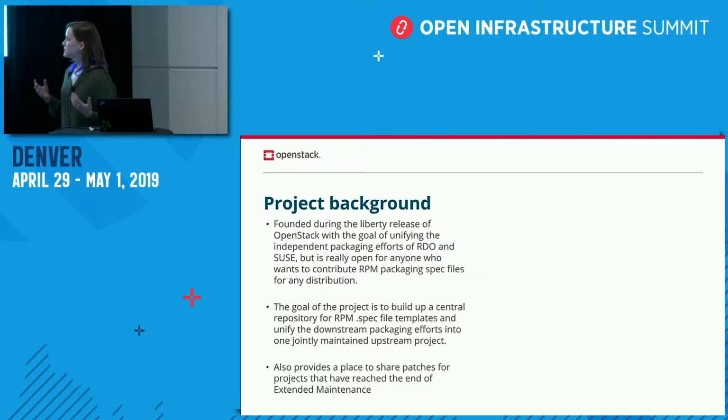The idea, of course, was to unify the efforts that RDO and SUSE were doing for creating RPM packages, but it's open to anyone who wants to contribute RPM packages, including things like StarlingX or any other RPM-based distro, or any other operators who want to have independent RPM packages.